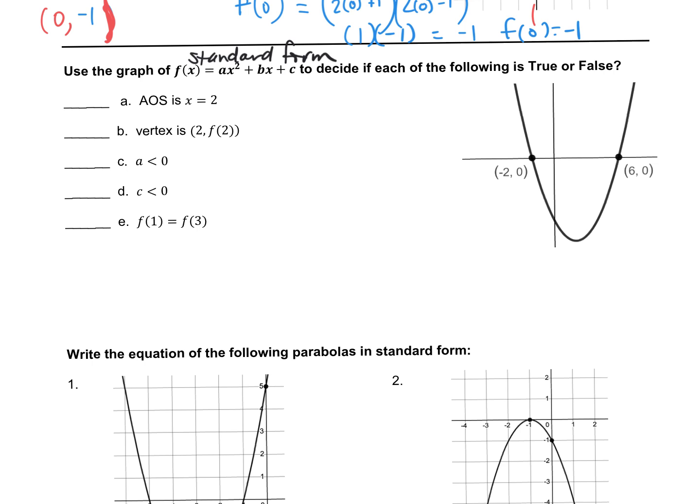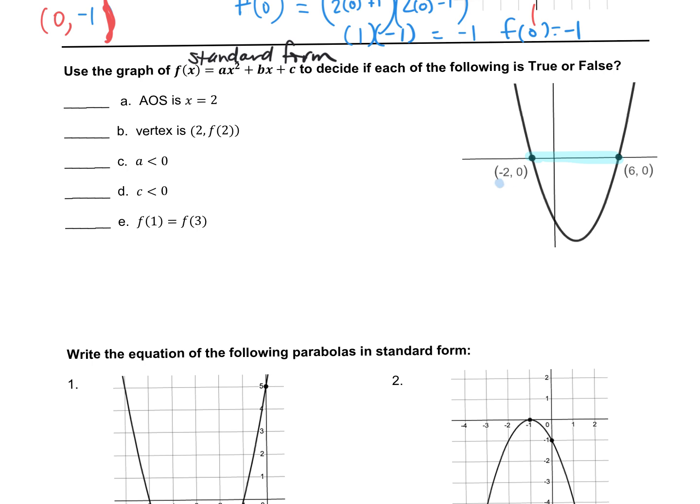Okay, so we want to know if the axis of symmetry is x equals 2. We talked earlier about finding the distance between these 2 points, and then taking half of that distance and moving that distance from each point to get to the middle, or halfway point. You should be able to see if that's the axis of symmetry.